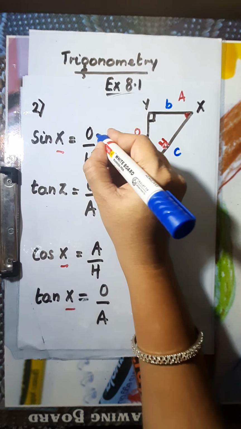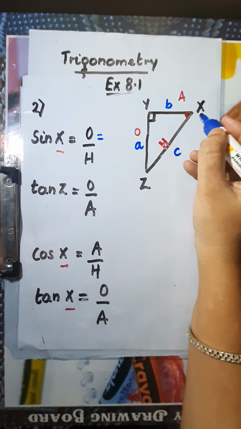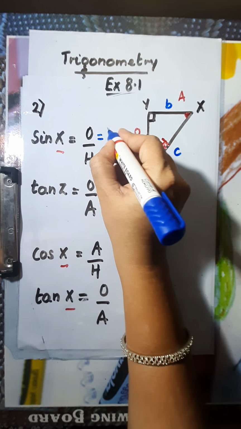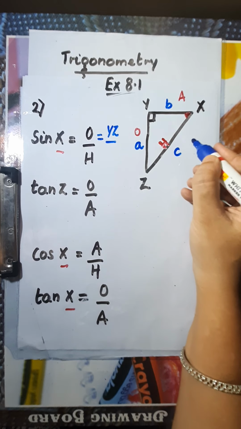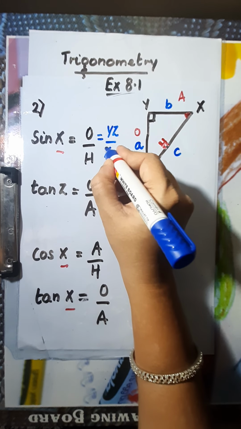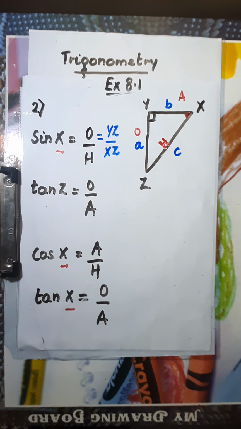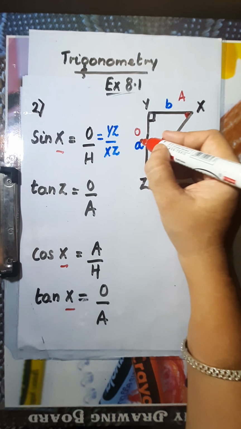Correct? Now for angle X, tell me which is the opposite side. I colored it for you. It is my YZ, upon what is the hypotenuse? My hypotenuse is XZ. Now, what is YZ called?